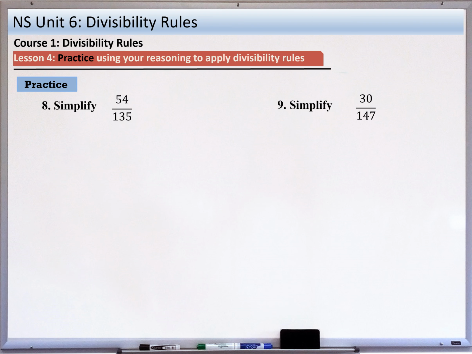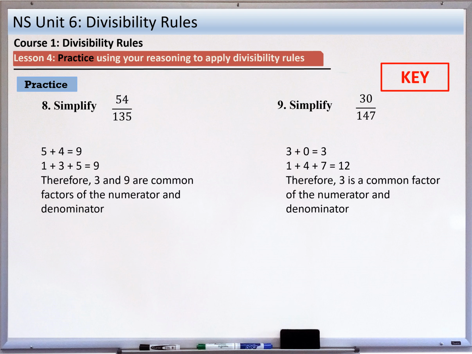Number 8 and number 9. Let's see what we got. Sum of the digits: 5 plus 4 is 9. 1 plus 3 plus 5 is also 9. Therefore, 3 and 9 are common factors of both the numerator and denominator.